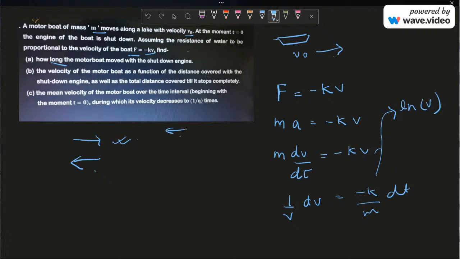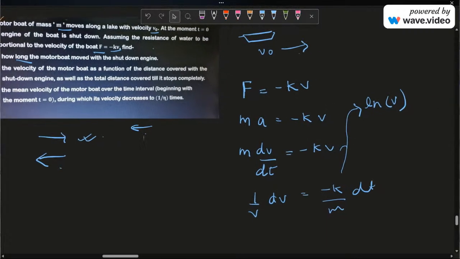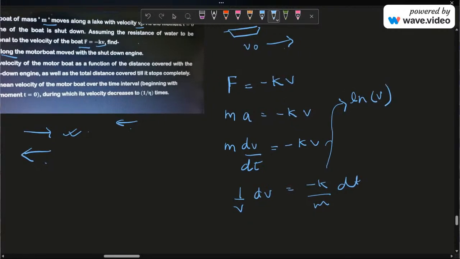So resistance is being offered in the opposite direction of the current velocity. So yeah, it is opposite. So it was upstream.